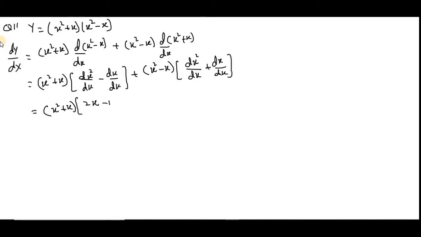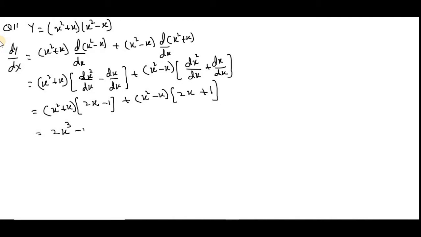Applying the power rule we get 2x minus 1, plus x square minus x, again applying the power rule, so 2x and plus 1, which is the derivative of x.